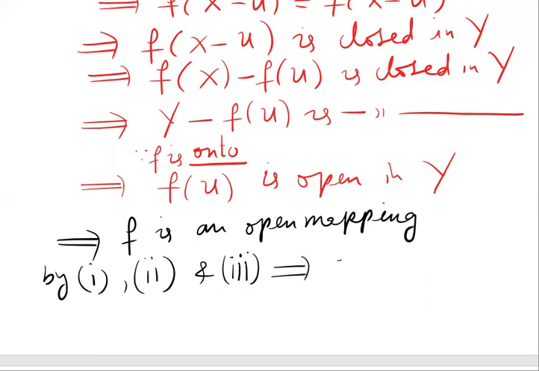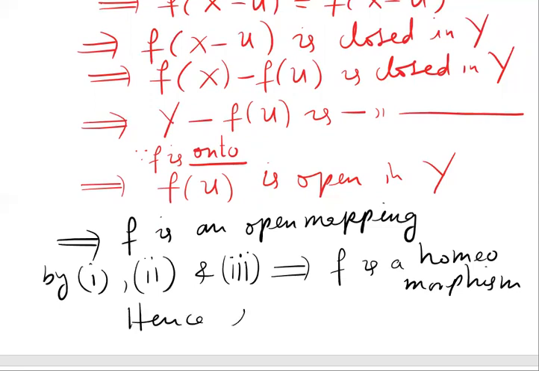Therefore, F is a homeomorphism. Hence, we have proved the sufficiency part of the theorem. Okay, guys? So, theorem 3 is completed.